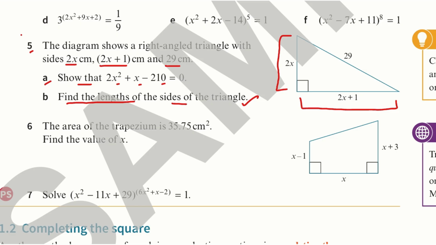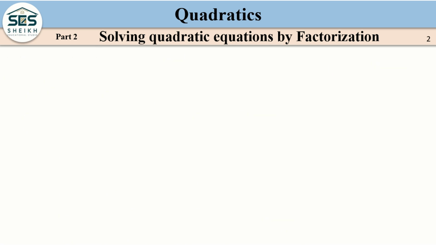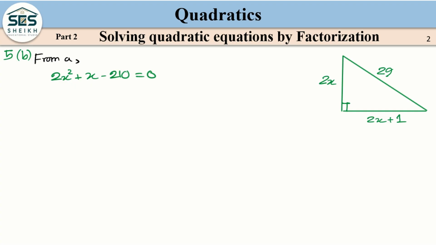So let's see how we can solve this one. So from A we have 2x squared plus x minus 210 is 0, and we have our diagram, so we need to find the lengths here. So actually we need to solve this equation at first.